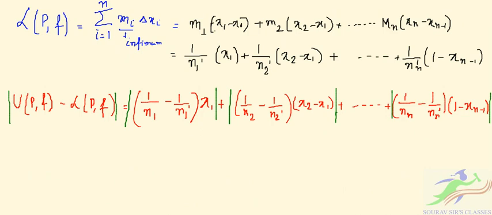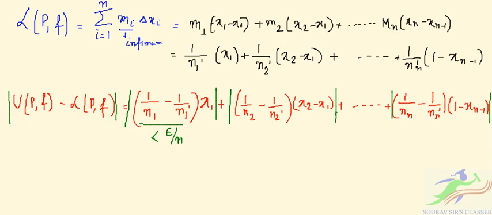so what will happen? So now this 1 by n_1, this value will be 1 by n_1 minus 1 by n_1 dash, so every value will be very small, so it will be less than this epsilon by n. We are subtracting from a small value itself, so it will be a much smaller value.